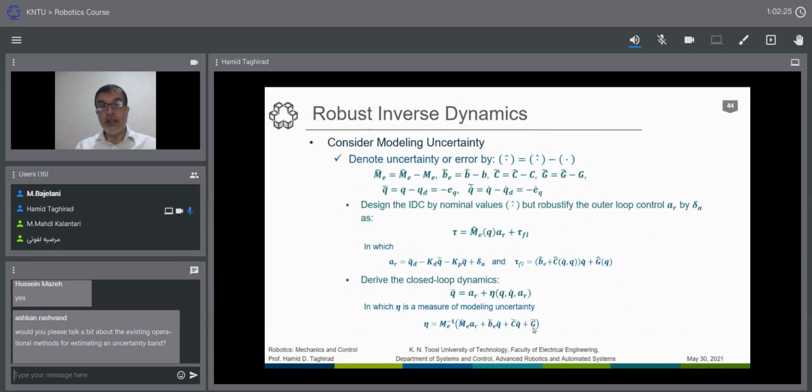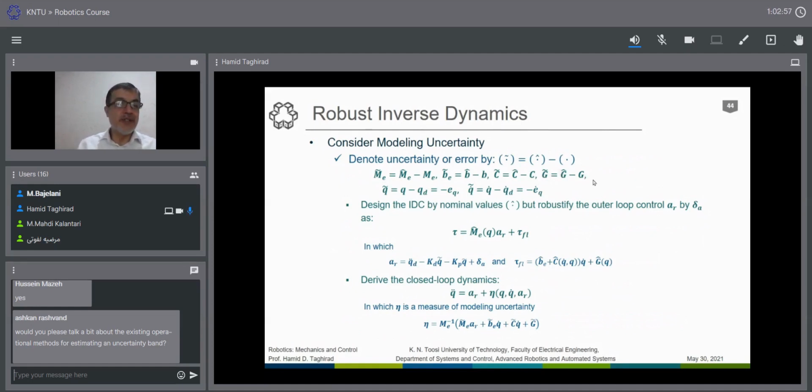Consider only the gravity matrix. We would like to find the norm of eta just by the gravity, a simple case where all the other terms are equal to 0 and we have only the gravity term. How can we find that? The gravity tilde means the gravity hat term minus the gravity term. You have some model for the system, the gravity hat, and you have a true value of that.